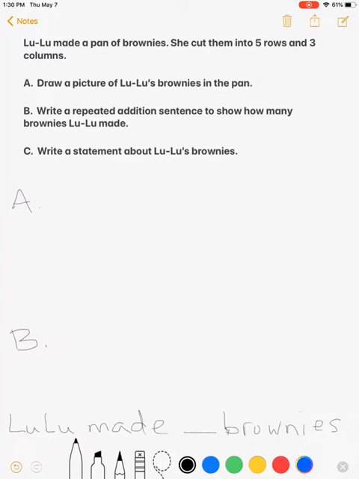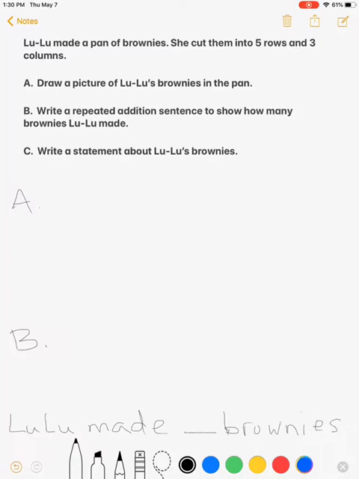Now remember, there is more than one repeated addition sentence we could use to solve this, and we're going to talk today about one that is more efficient. Efficient meaning fast. And part C is simply write a statement about her brownies, and that's just finding the final answer. I already wrote the statement at the bottom. It says Lulu made blank brownies. So what I'm finding today is basically that blank. How many brownies did she make in her pan?